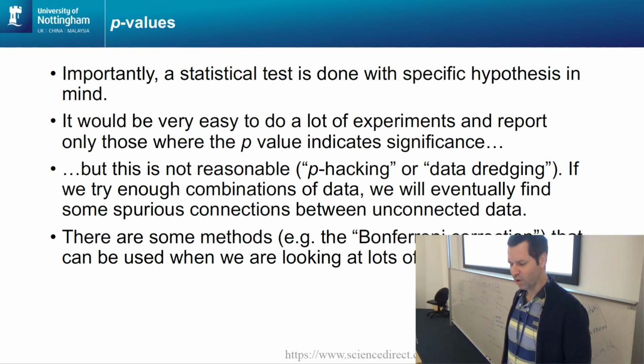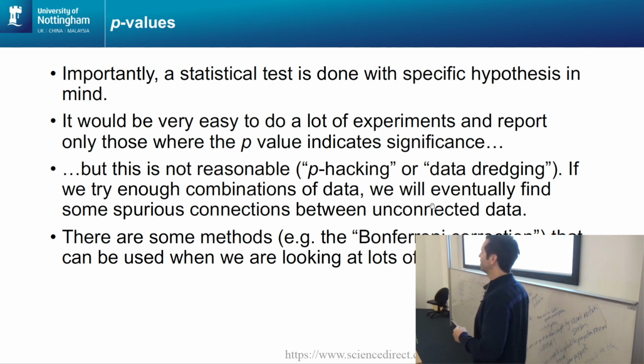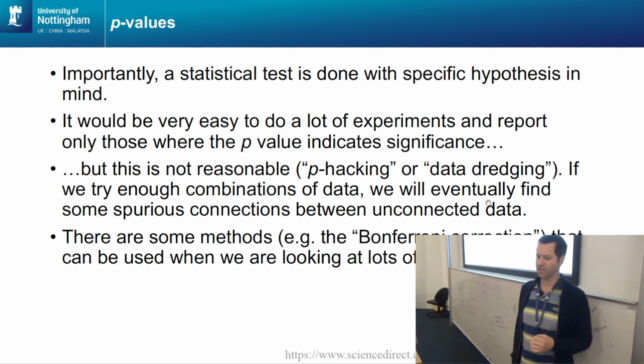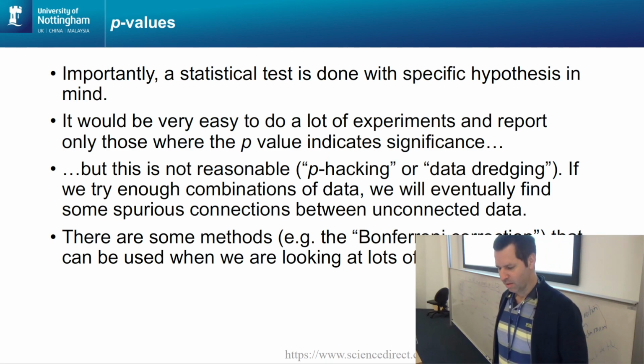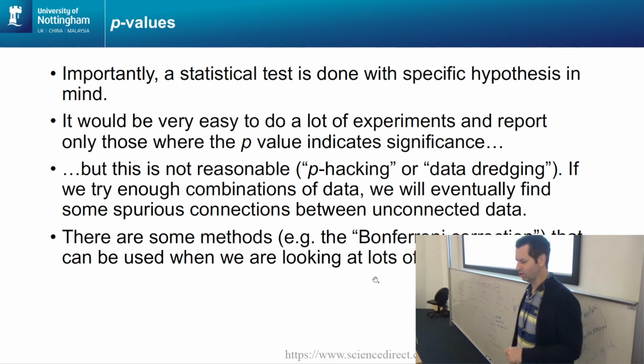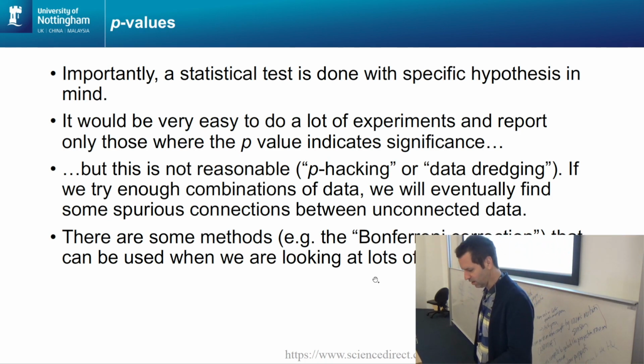In other words, we can generate artificial connections between data sets that don't really exist in reality. But we can apply other statistical methods like Bonferroni correction that can be used to look for those suspicious cases.